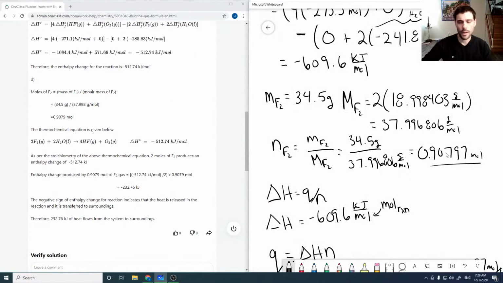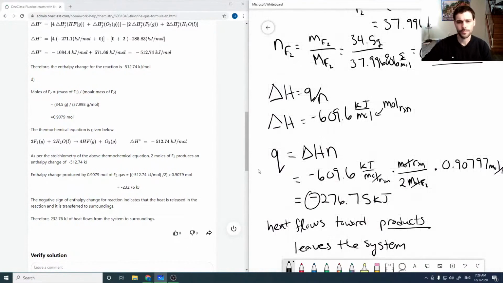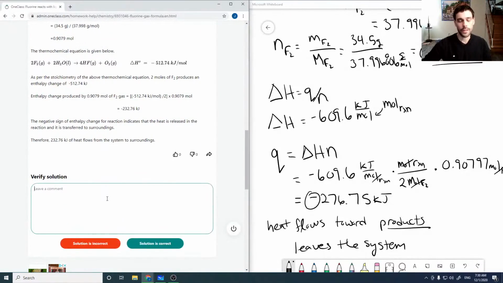Solving for the number of moles, so that looks good. And then to get our heat, we just rearrange this expression. So we multiply our delta H by N, but we need to take into account that there's 2 moles of fluorine per mole of the reaction. And so that's where the division by 2 comes in. And so it's a different value because our tabulated values were different, but everything was done correctly. And so that looks good.